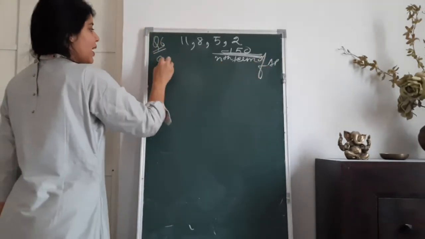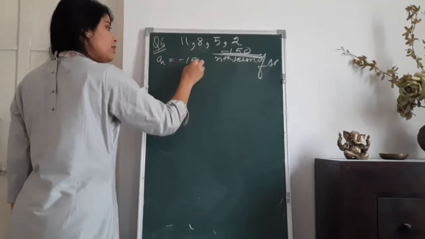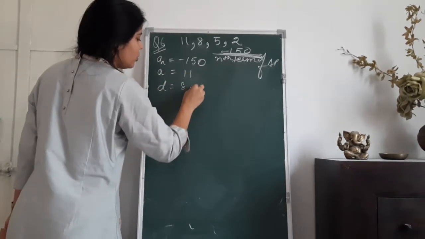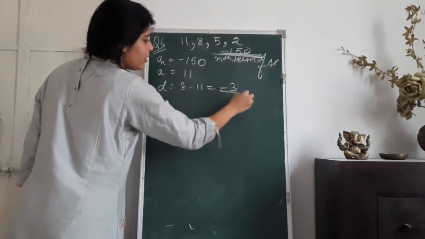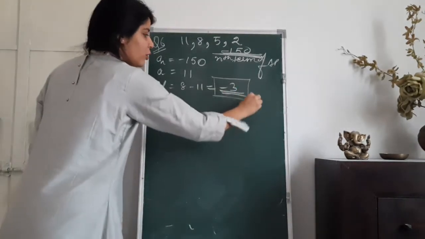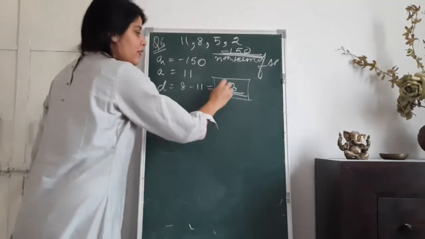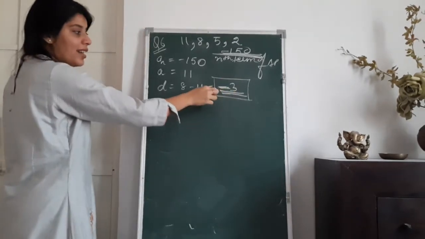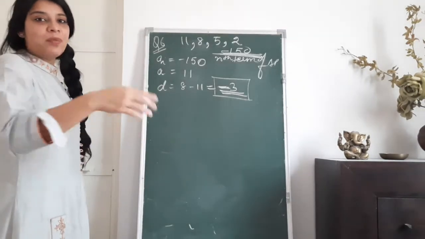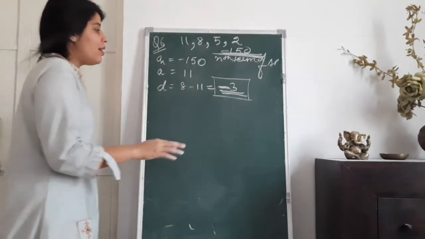So AN is equal to minus 150, A is equal to 11 and D is equal to 8 minus 11, which is what? Minus 3, right? Please take care of these signs in your questions, because usually we forget these signs while putting them into a formula and end up with errors in the answer.